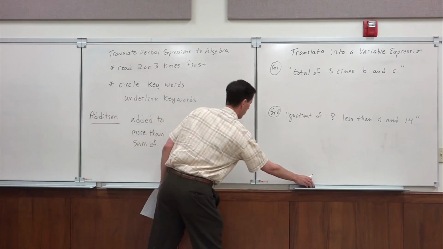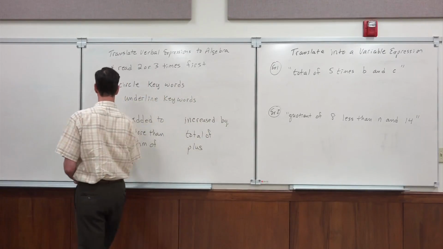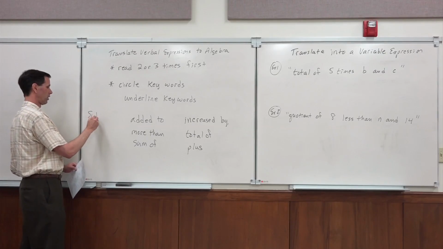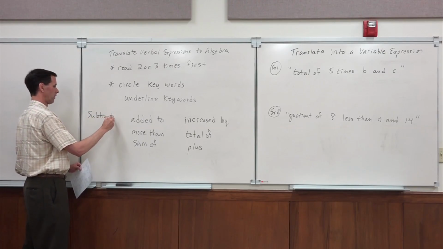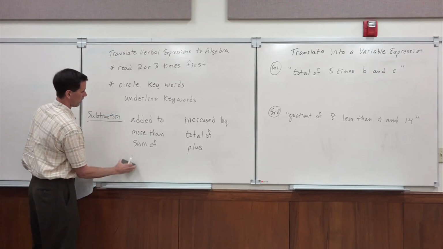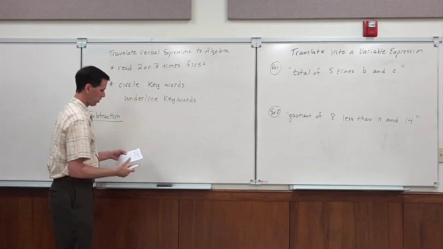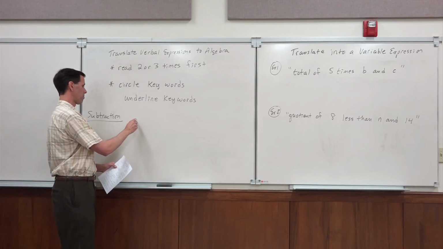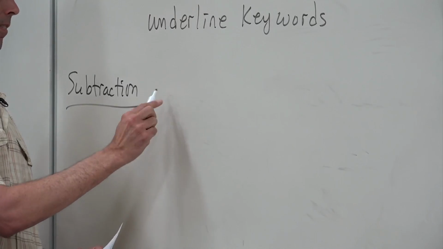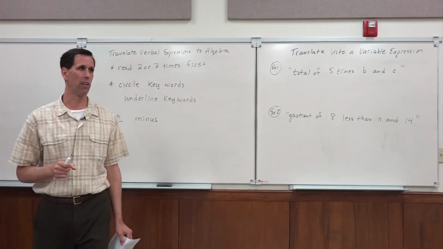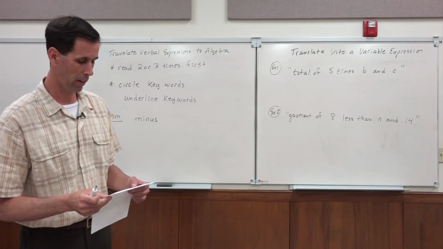All right. How about some subtraction? So some keywords for subtraction would be the obvious one, of course, minus. You know, what is 8 minus 5? Obviously, we're going to subtract 5 from 8 there.